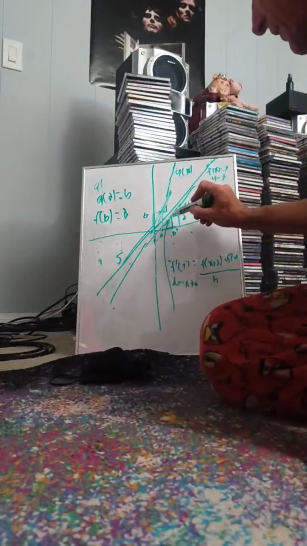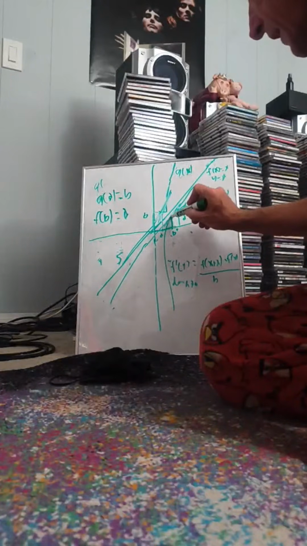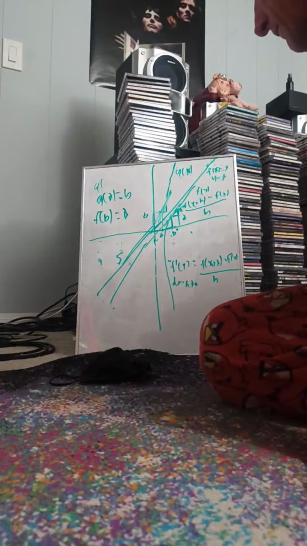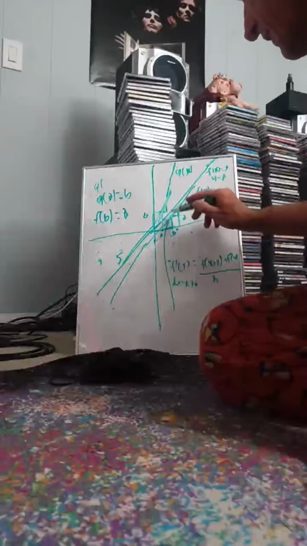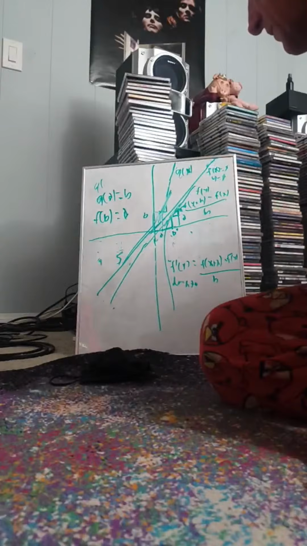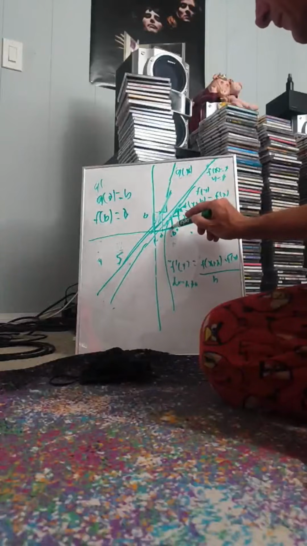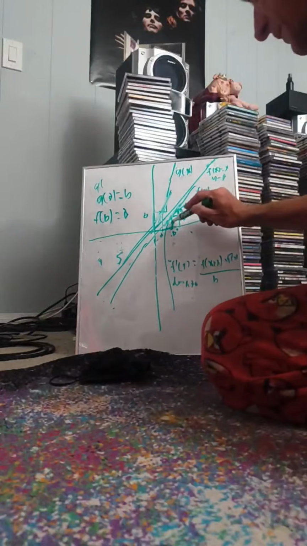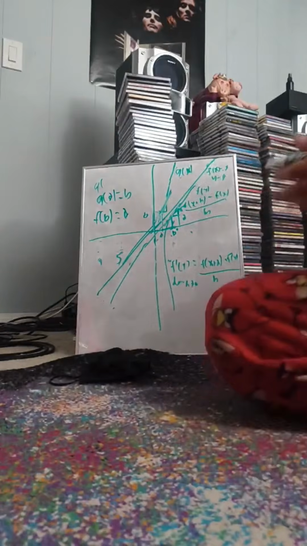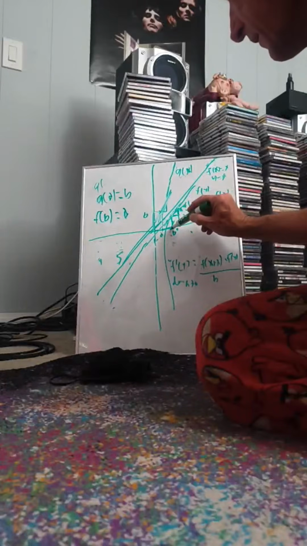If I have this f, f of b is a, but f of a is b, and g in the g of x. So if I take a b right here, let's do this. If I take a b here, do you see that b?